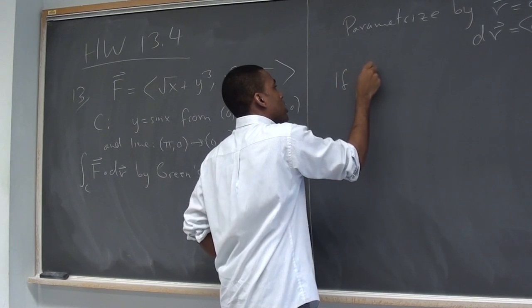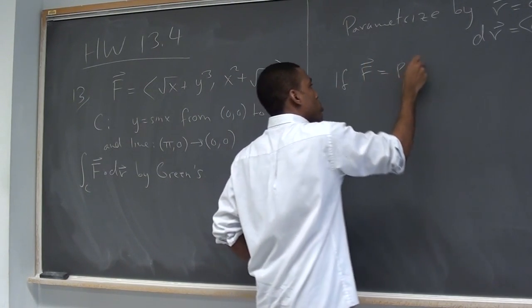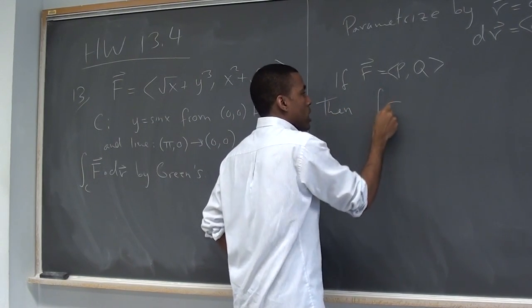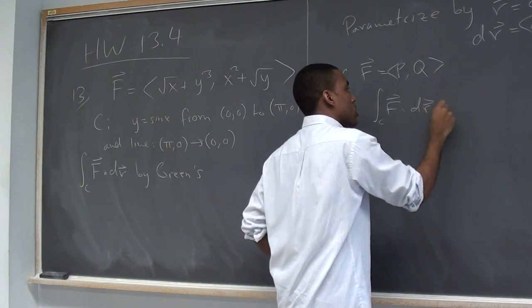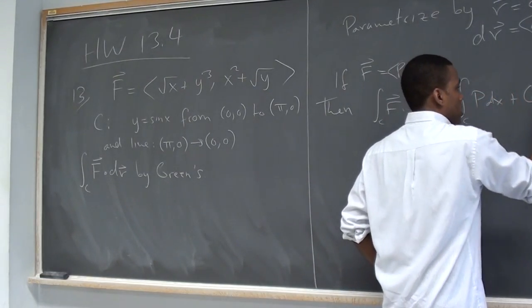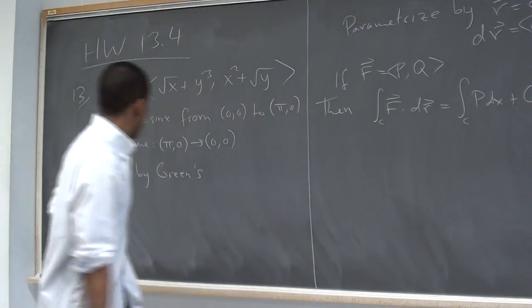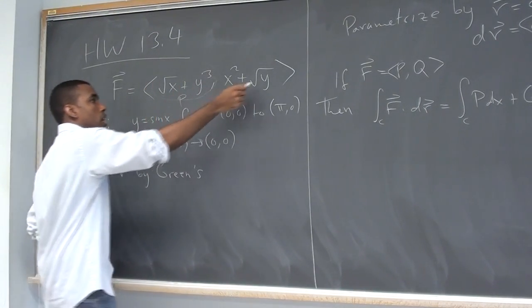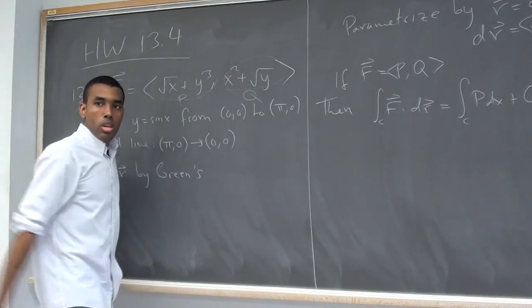And if your F is equal to PQ, then your F dot dr is just equivalent to this. So in other words, this is just like the Green's theorem formula, except I know that this is the P and this is the Q.